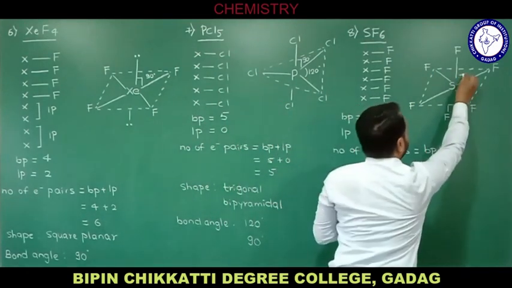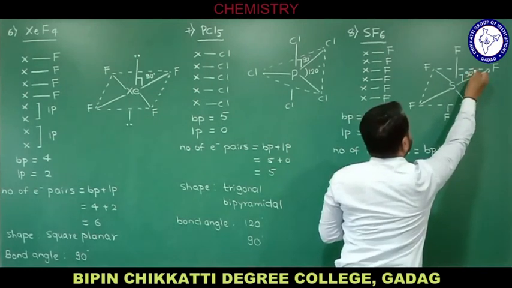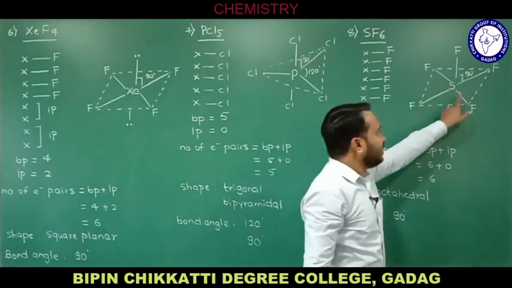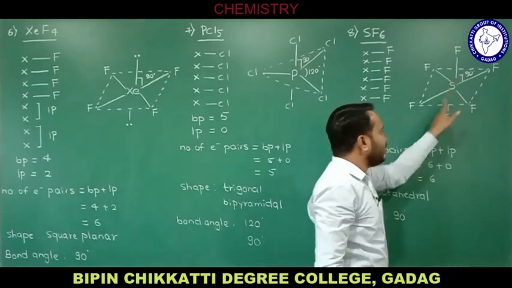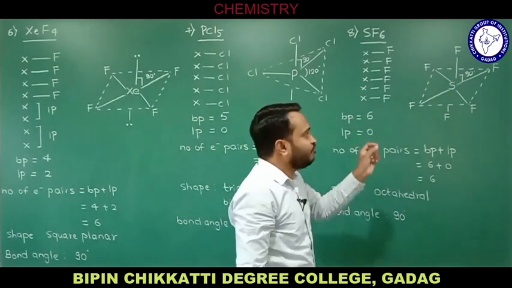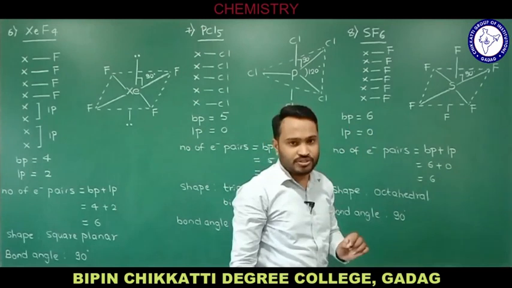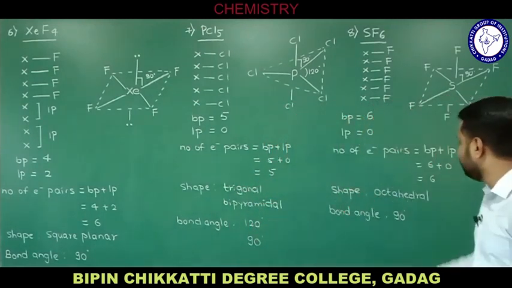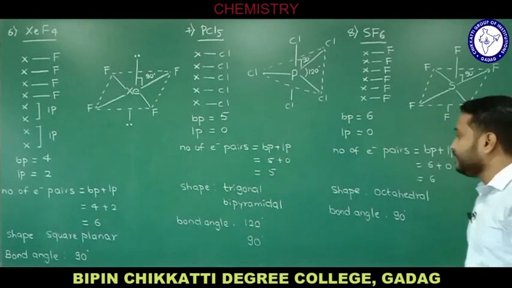The bond angle between these two is 90 degrees. You can consider any bond angle, because of course these are 90 degrees, one is above the plane and one is below the plane, therefore 90 degrees you are supposed to mention here. So that is how the shape of SF6 is octahedral, and 90 degrees we have.